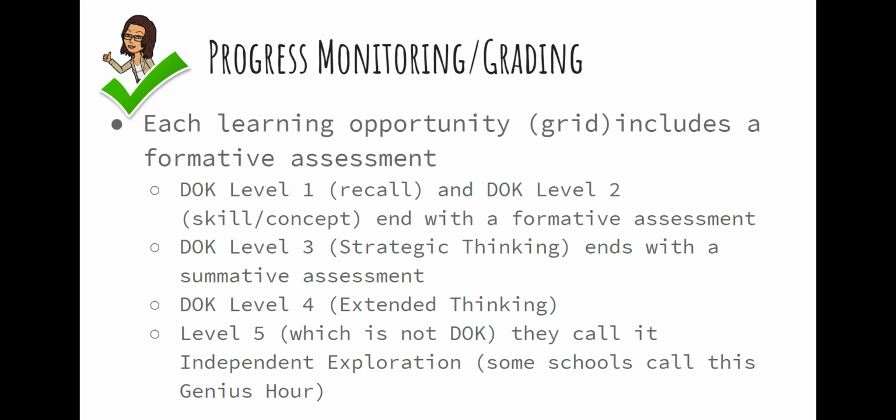Research has shown that most standards are written at a DOK level 3, and this is where the summative assessment should be placed to match this standard. Level 4 provides for extended thinking, and level 5, which is not a DOK level, is used for independent exploration. Some schools call this a genius hour.